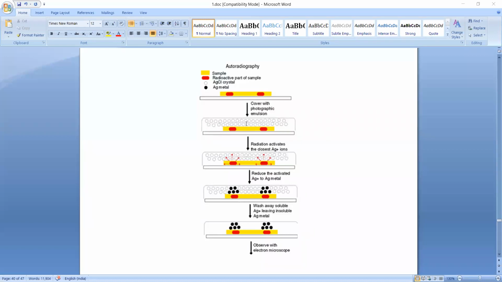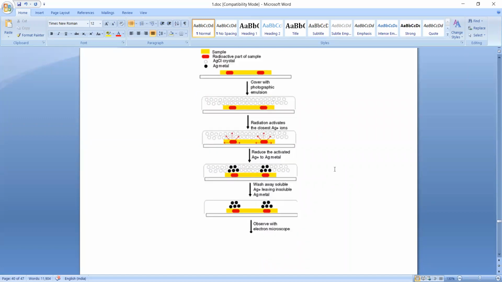These are the grains on the film attached to the specimen. After activation of the radioactive material embedded in the sample, it creates some darkness on the film. Based on the darkness, we can easily find the location of the radioactive material in the object or other defects by using autoradiography. This is also one of the special techniques.